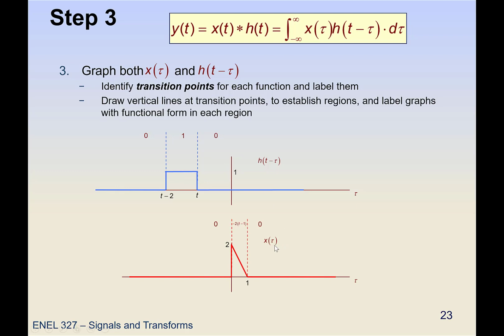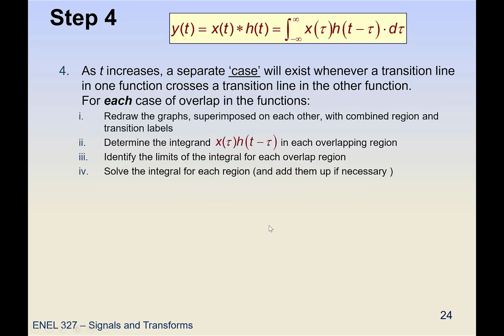For x of tau, it's equal to 0 in this region. It's equal to minus 2 times, I should say tau minus 1 here actually, in this region. And then it's equal to 0 in the third region. Okay? Then, like I said, we're going to have a separate case existing whenever we have a transition as we move.